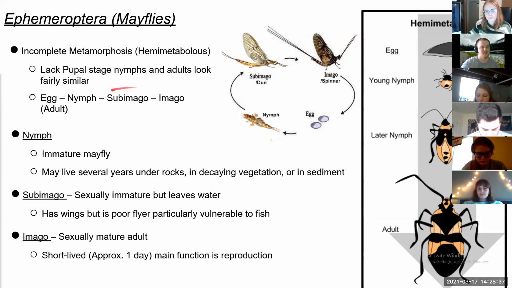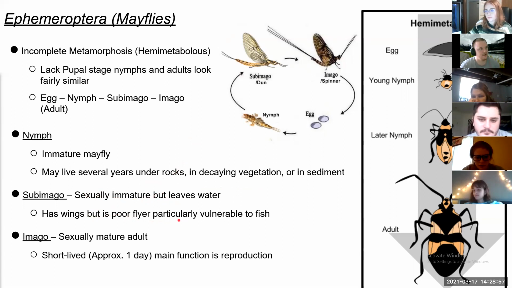The next stage is this sub-imago stage. It's still not sexually mature, or sexually immature, I should say, to be more clear. It leaves the water. It has wings, but it's a very poor flyer at this point.